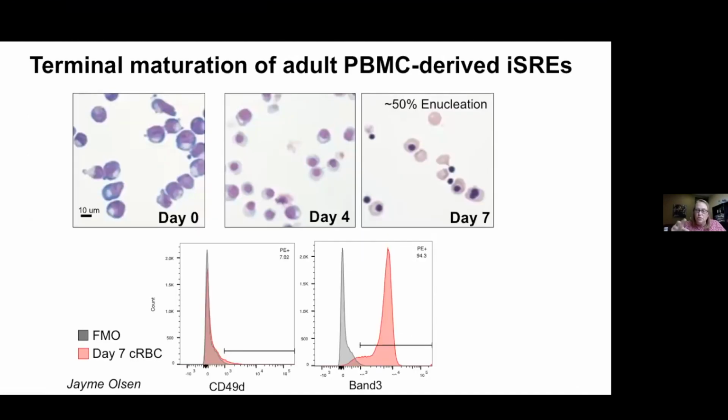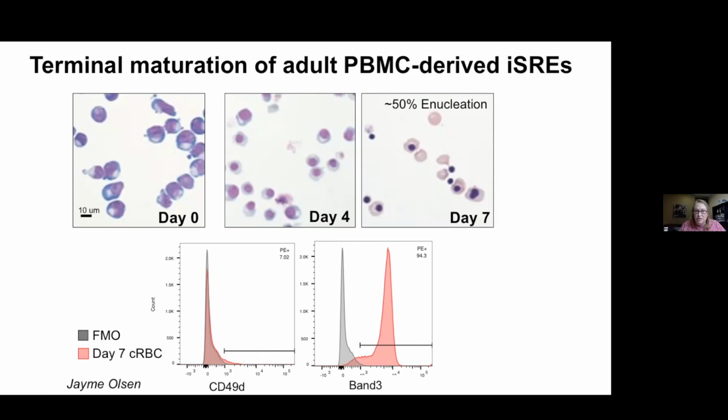So when Jamie tried her system with the adult-derived SREs, what she found was that they did go through the morphological changes that we associate with erythroid maturation, including 50% enucleation in her cultures. There are two markers that are used in the field now to distinguish between immature and mature erythroblasts.